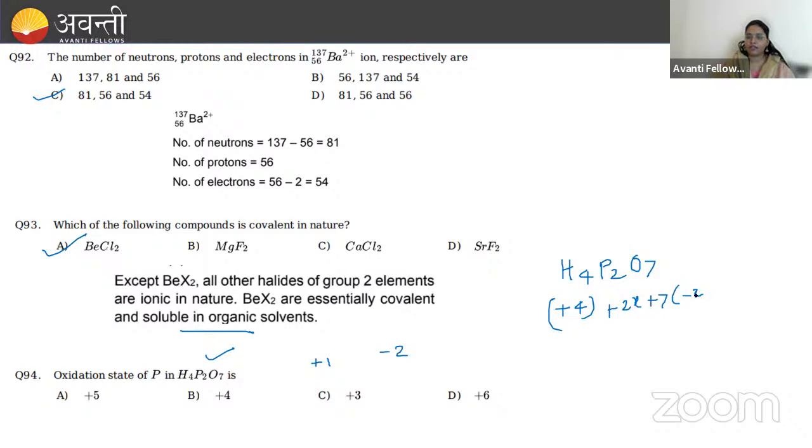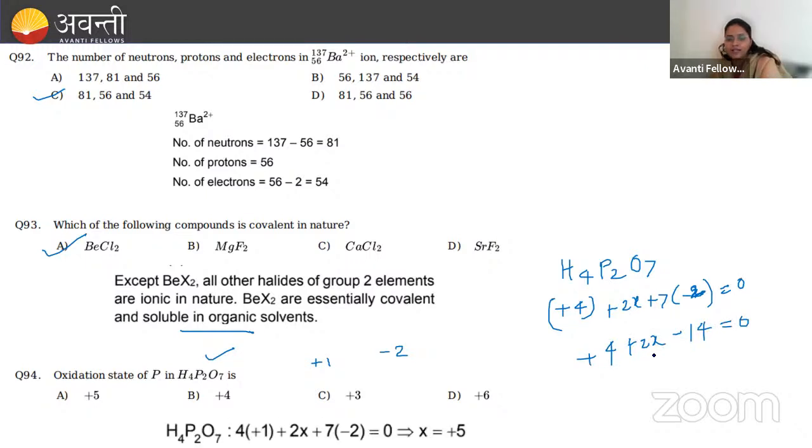Overall molecule is neutral. So +4 + 2x - 14, calculate this, you will get x is equal to +5, right? So answer will be option A.